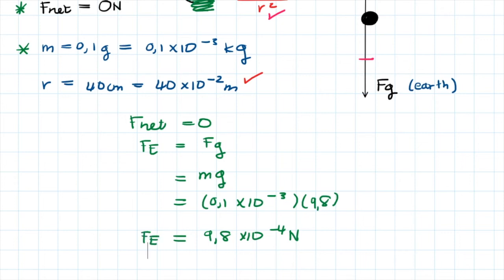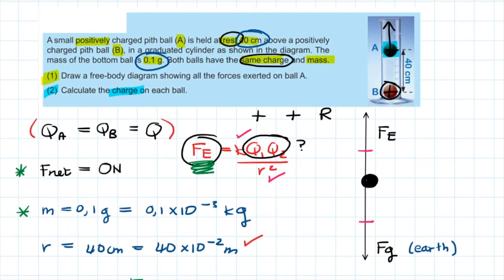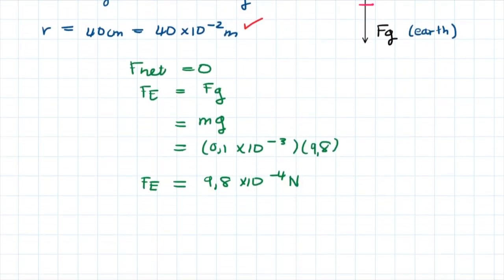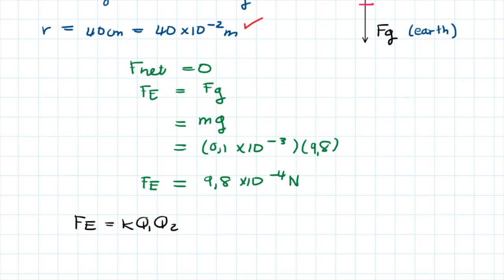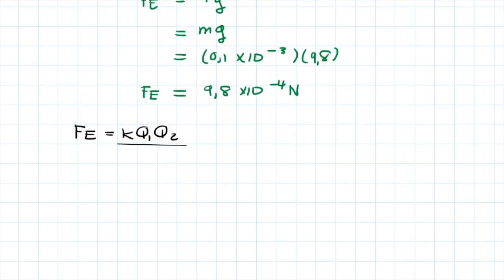So now remember, we want to calculate the charges. Since we now have the electrostatic force, we can use Coulomb's law. We can say Fe is equal to K Q1 Q2 divided by R squared. The electrostatic force we just calculated is 9.8 times 10 to the negative 4.